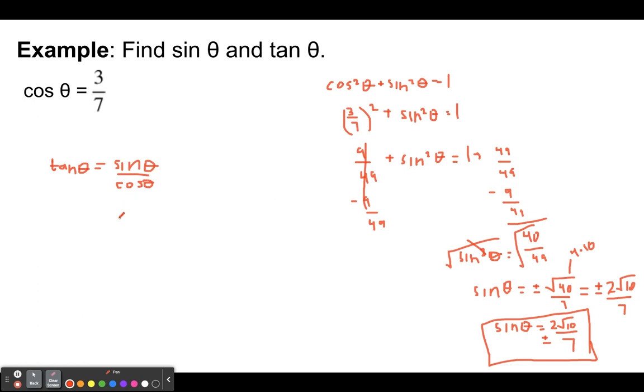So sine of theta is 2 square root 10 over 7. And then I'll just show it like this, divided by, remember, the same thing as division symbol, and then cosine of theta is 3 over 7. But again, as always, we can change this into multiplication and take the reciprocal of the second term.